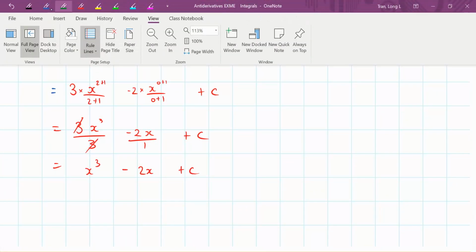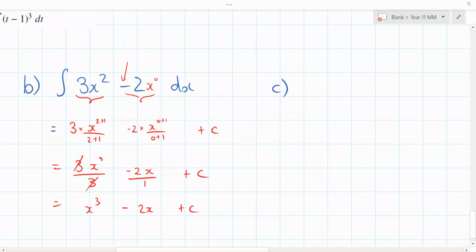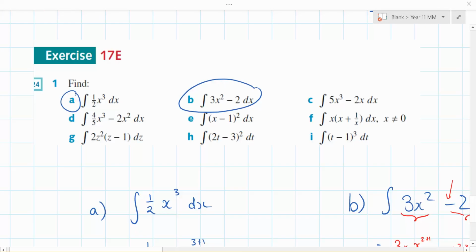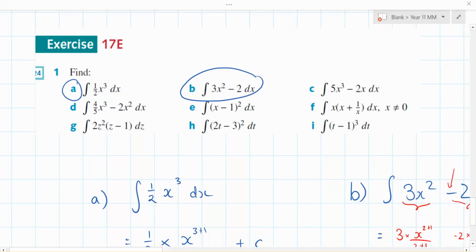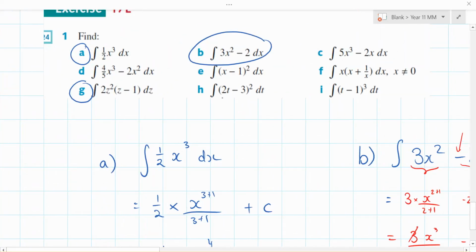Let's try another one. Let's do one where I mentioned in class. Let's do H. Okay, the reason why is H and I, you just have to expand it. There is no way of doing this because we can only do things with a power, right? But a term with a power, not t minus 1 to the power 3.